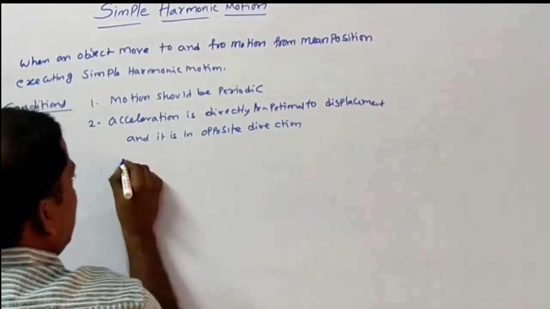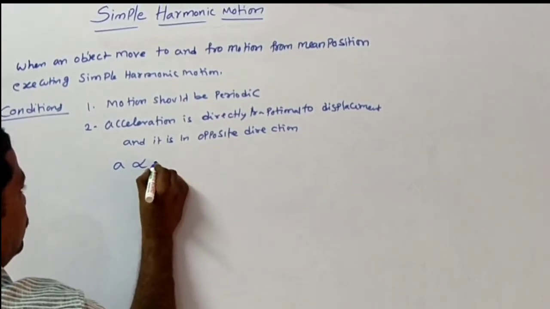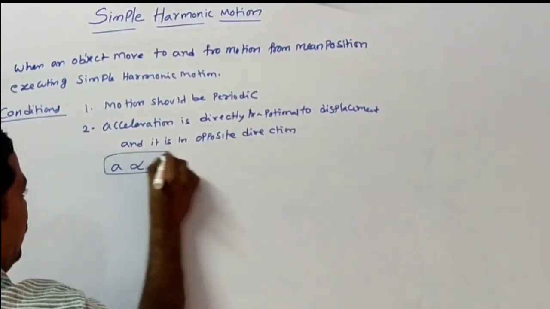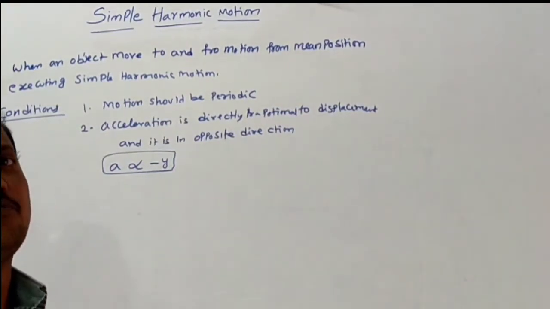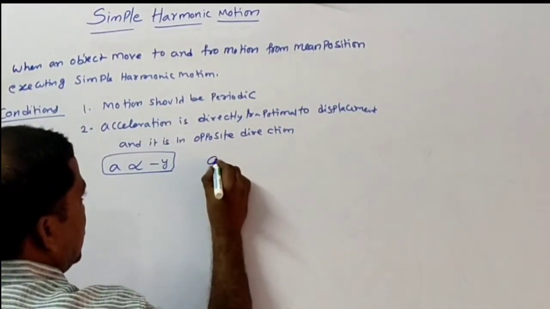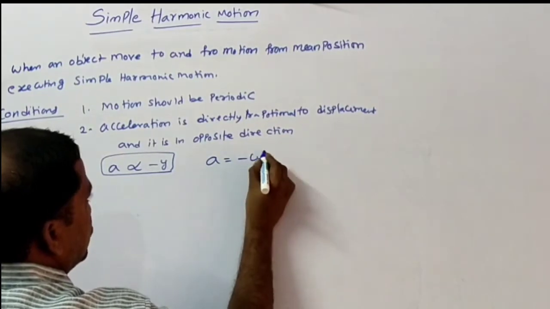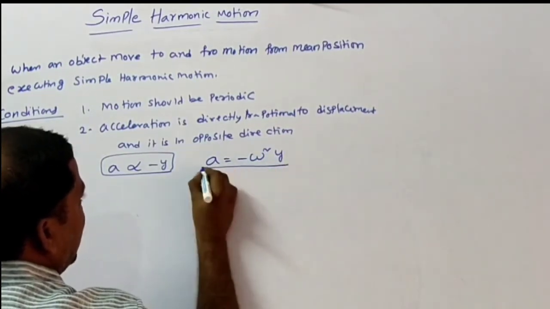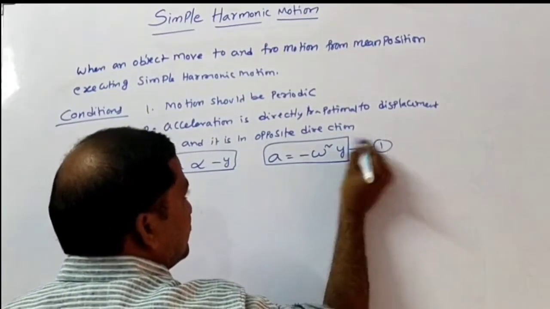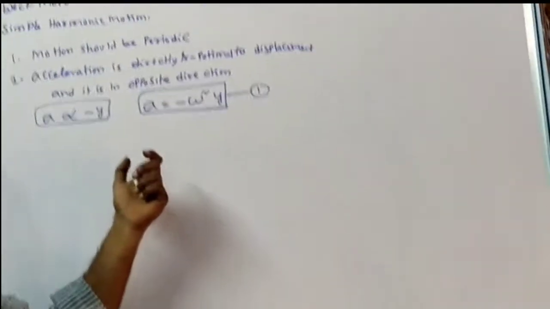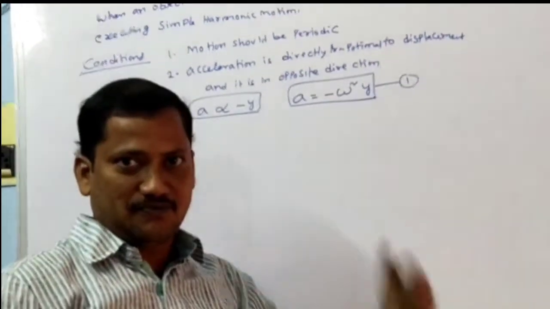So you can write it mathematically, A is proportional to minus Y. To remove the proportionality, you can put a constant: A is equal to minus omega square Y. Let it be equation 1. Okay, this is about the definition and the conditions for executing simple harmonic motion.